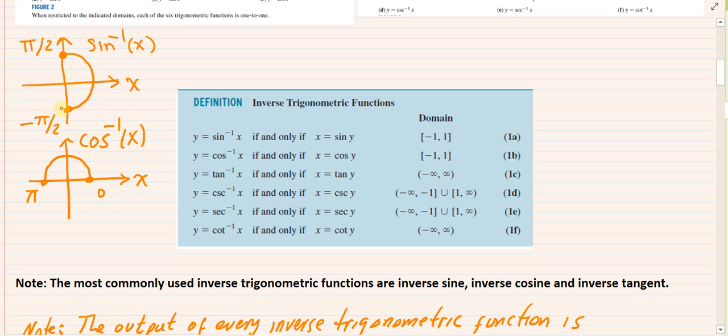Now for tangent inverse of x, tan is the ratio of sine to cosine. So places where cosine is 0, the tangent doesn't exist. Actually, sorry, that would be at pi over 2 and negative pi over 2 for cosine to be 0.